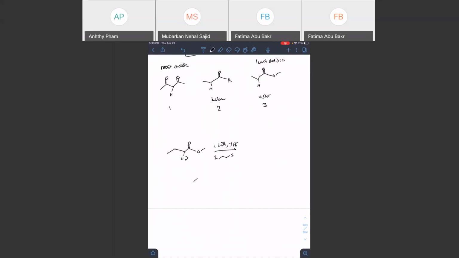We'll end up with this and a negative charge here. The negative charge, all it has to do is attack this right here, right? Because the I, oh, that's an H. The I will leave spontaneously. So what we end up getting is this.